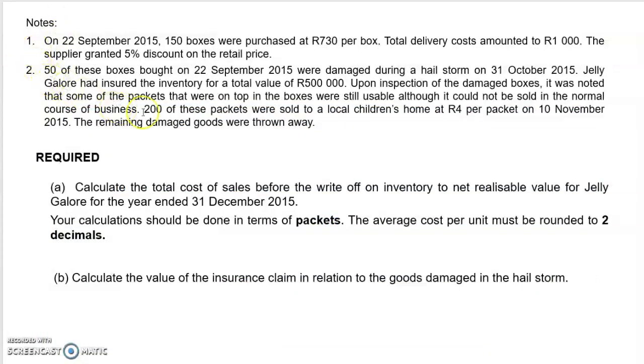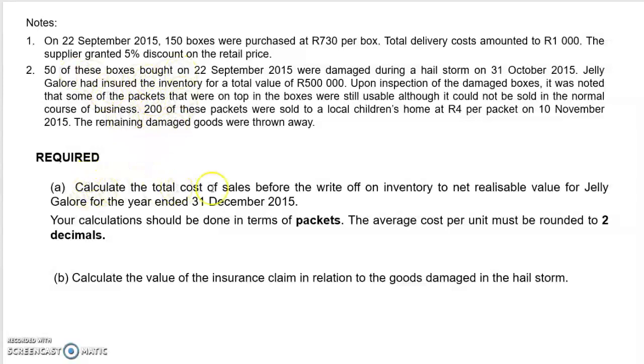But then, if we can recover some money from that damaged stock that we can sell, we must actually deduct the sales proceeds of those items from the claim that we're going to submit to the insurer.